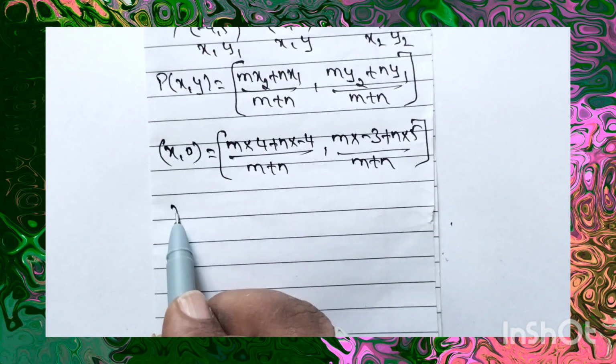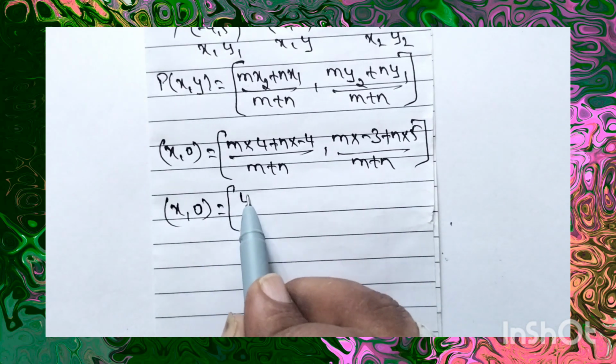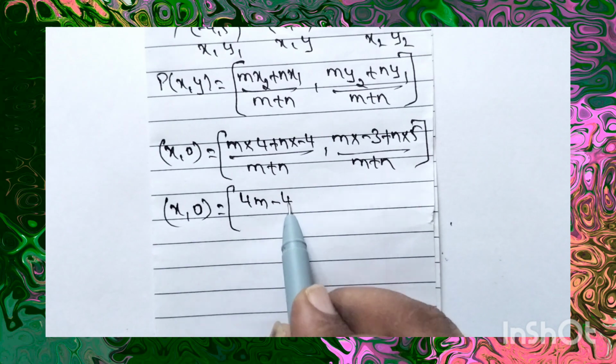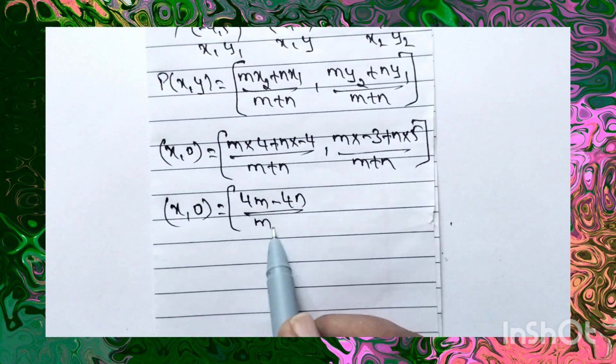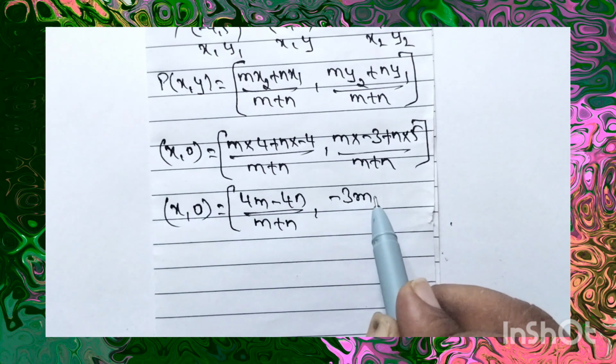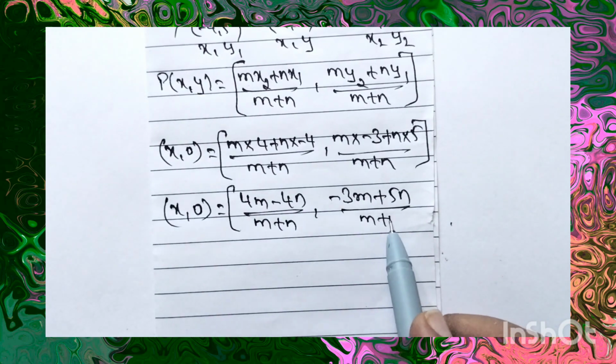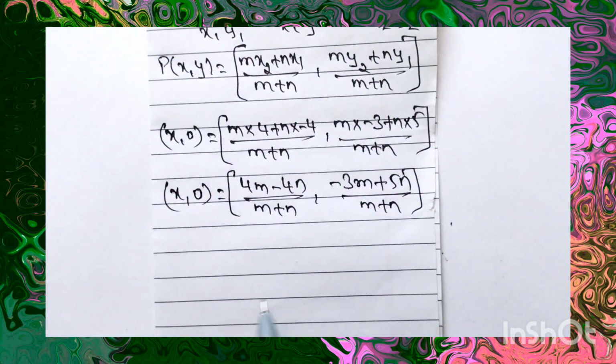So (x, 0) is equal to 4 into m is 4m minus 4 into n is 4n divided by m plus n comma minus 3 into m is minus 3m plus n into 5 is 5n divided by m plus n. So now let us solve this one.